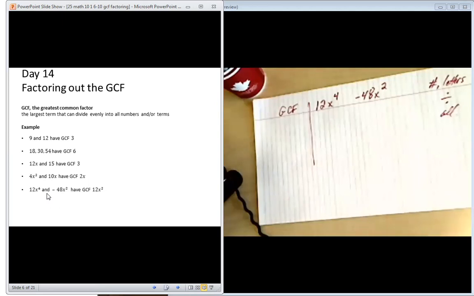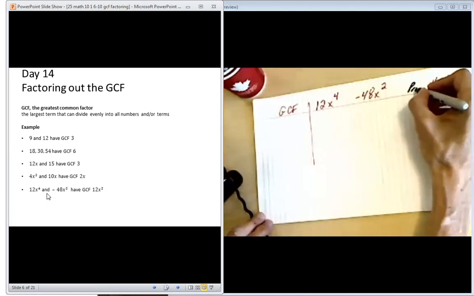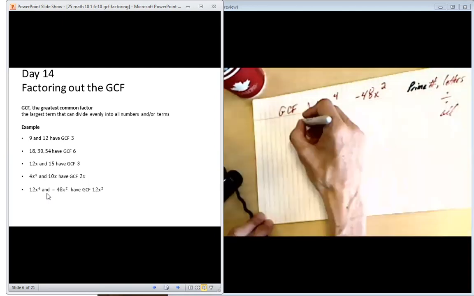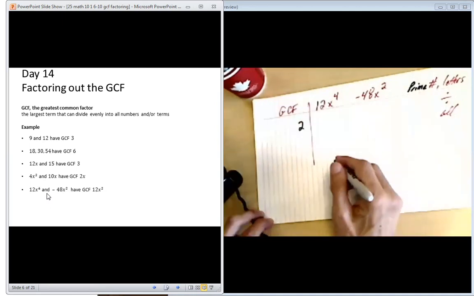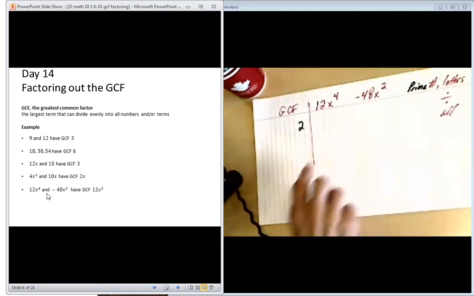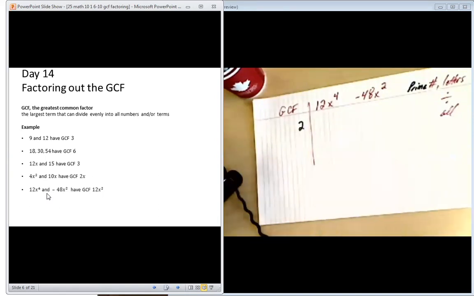So 6 can actually work, but I'm going to stick with prime numbers just for today. Yeah. So then 2. 4 isn't prime. 4 comes from 2 times 2. So just like 6, it could actually work once you get good at this stuff, but stick with prime numbers first. So 2, right? Smallest one.